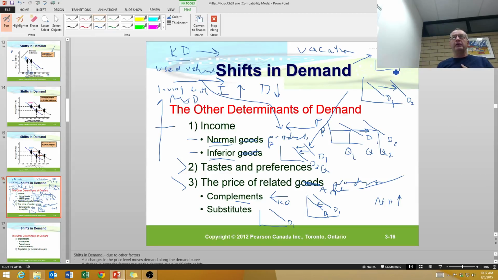If the price of Pepsi goes up, that's going to mean that more people will shift away from their demand for Pepsi, and they'll increase their demand for Coke. So if the price of Pepsi goes up, people will shift into a substitute. And of course, if the price of Pepsi goes down, people will shift out of consuming Coke into Pepsi, and the demand curve for Coke will shift to the left.